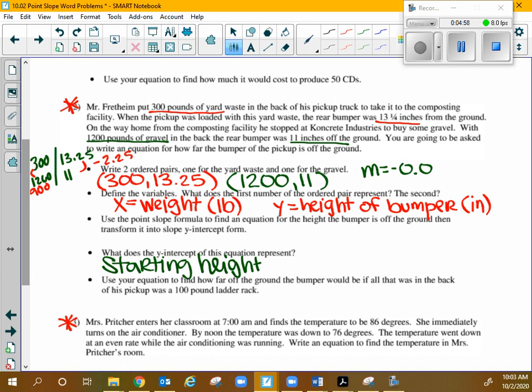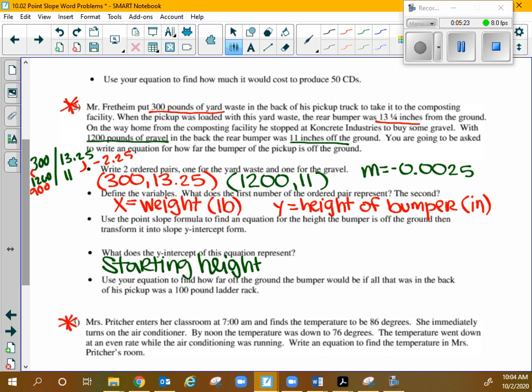Put it in your calculator. Negative 0.0025. Let's use the decimal, because think about the scenario itself. What that's saying is for every pound that he puts in, it gets 0.0025 inches closer to the ground.